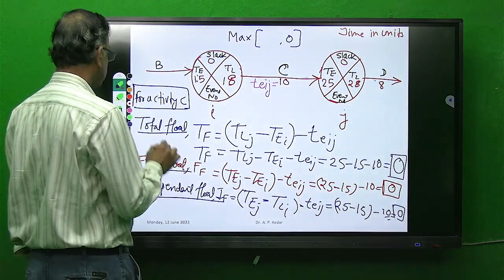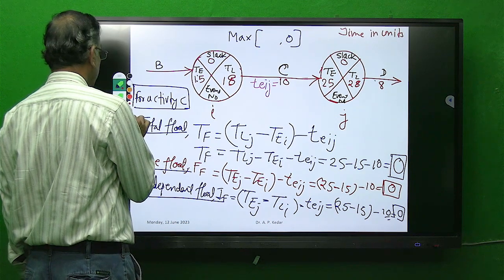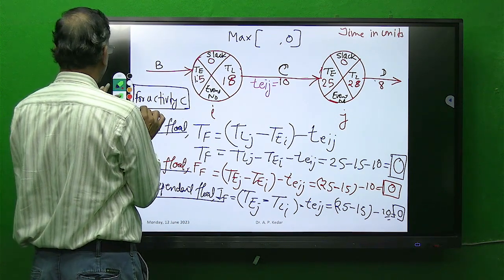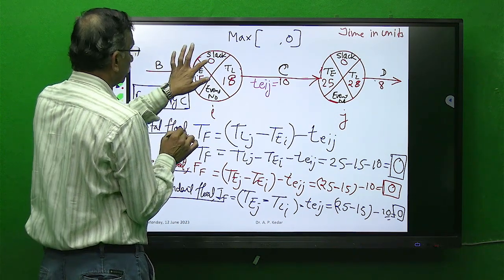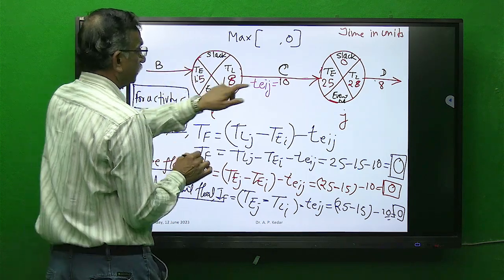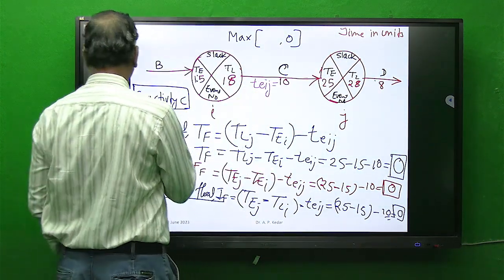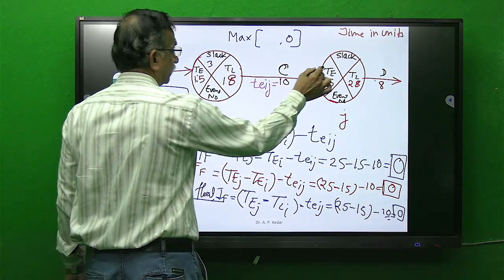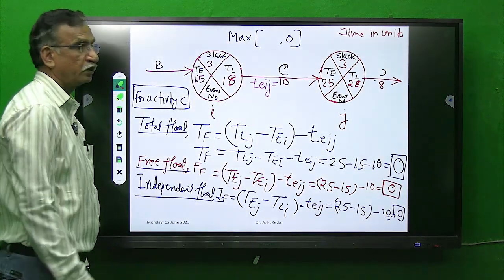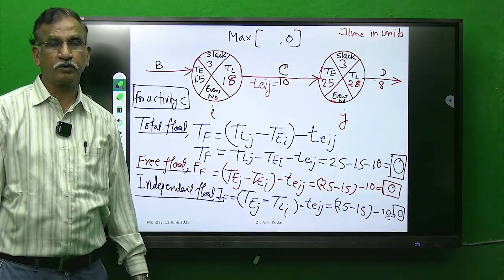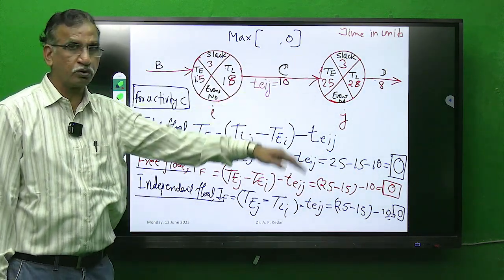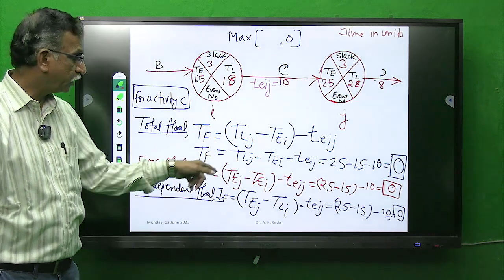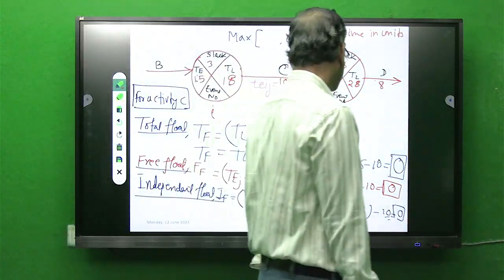If this is the case, then instead of 0 I will get 3 here, and here also I will get 3. This means this is a non-critical activity now. No slack 0, and therefore now the values will change.